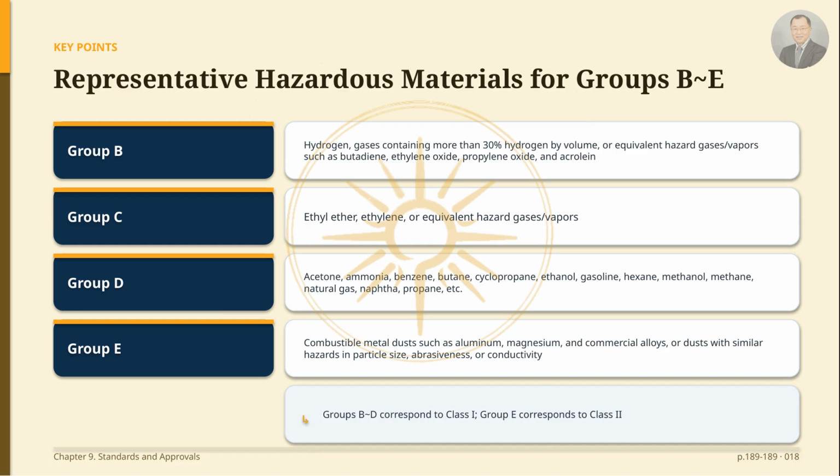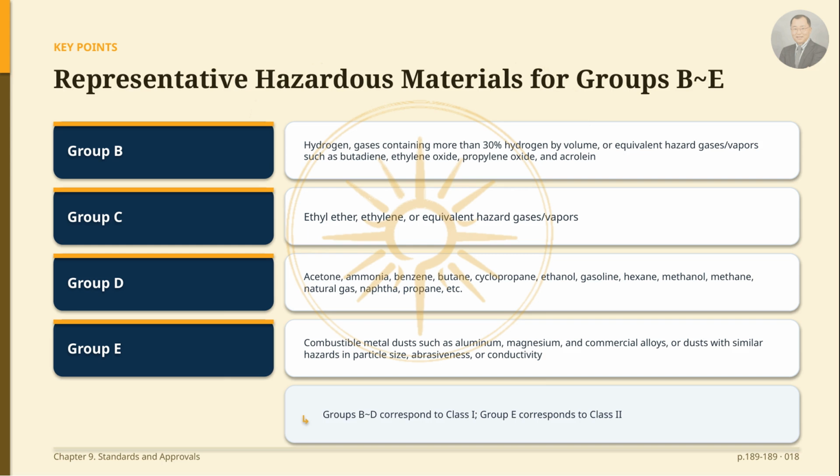I'll summarize the representative materials for each group. Group B includes atmospheres containing hydrogen, fuel, and combustible process gases containing more than 30% hydrogen by volume, and gases or vapors of equivalent hazards such as butadiene, ethylene oxide, propylene oxide, and acrolein.